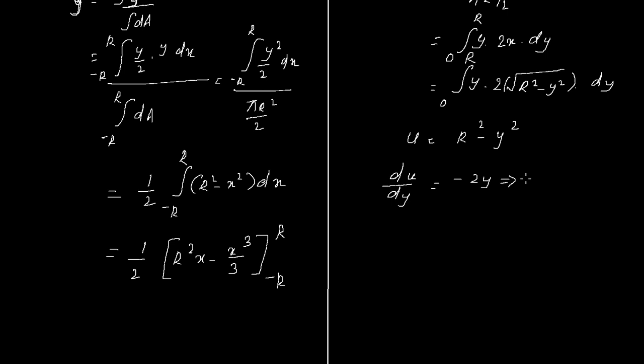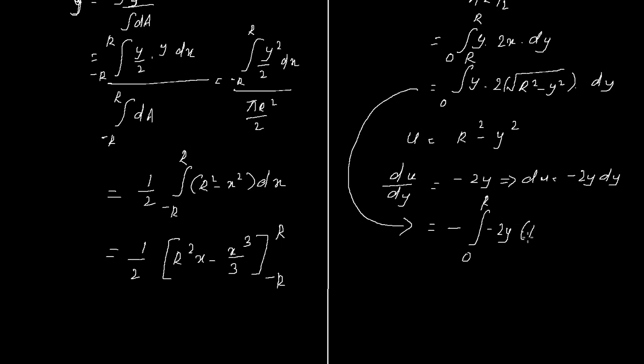That will give you du is equal to minus 2y dy. So substituting u in here, if you rearrange this equation, you can write this one as minus of 0 to r minus 2y r squared minus y squared all raised to 1 by 2 dy.